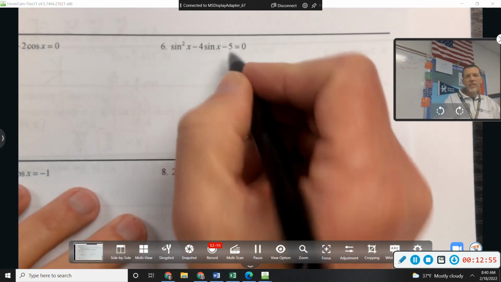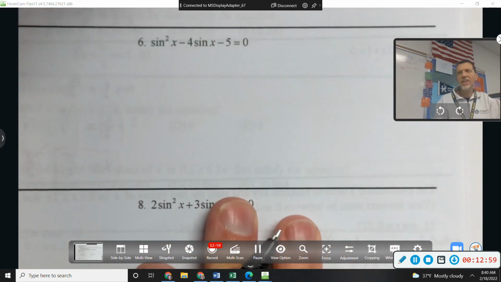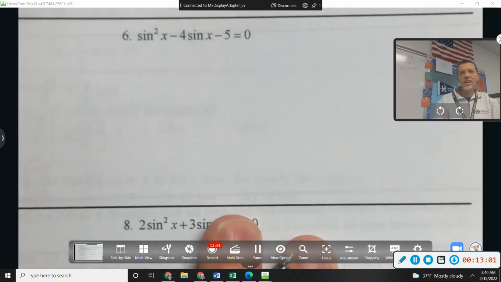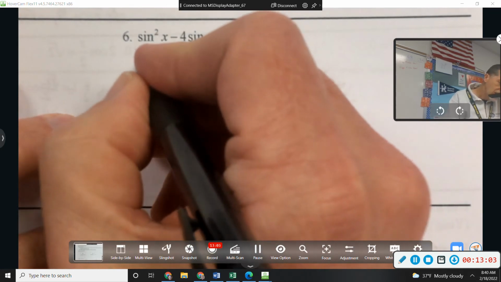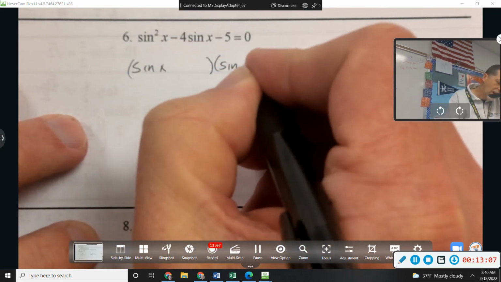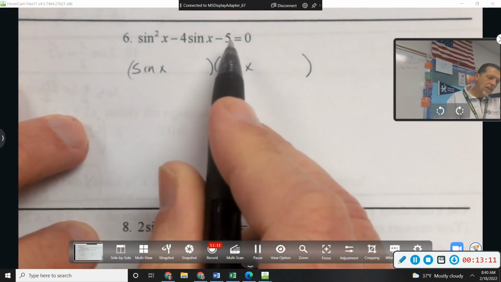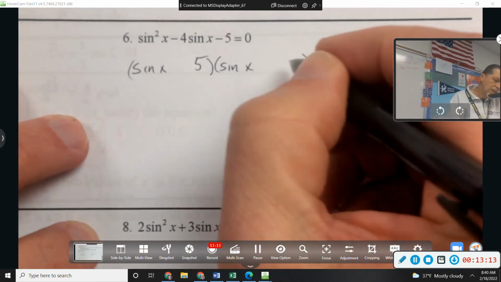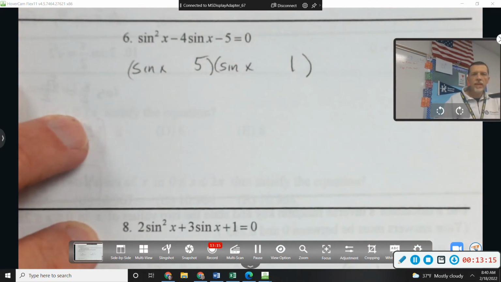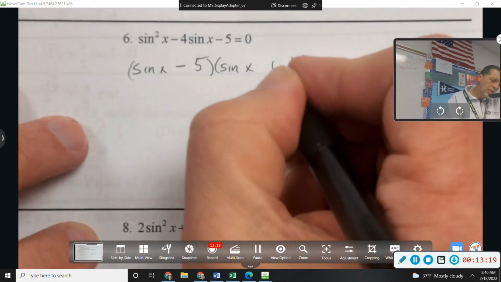Did you factor it as it is, or did you put in a u substitution there? I just factored. Okay. So it's got to be sine and sine to make sine squared. The only way to get 5 is 5 and 1. And I think I know where this problem's going now. So minus 5 and plus 1.